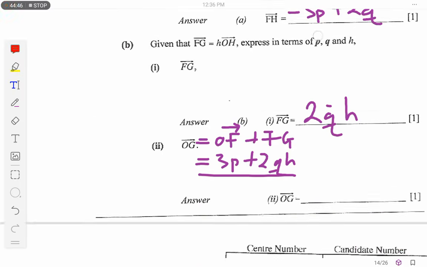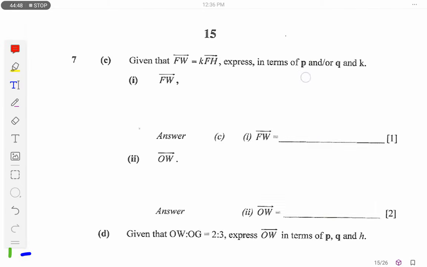Now let's have another question. They are now saying FW is equal to K FH. We've calculated FH before, so we are simply going to multiply that value by our K. So our FH was equal to minus 3P plus 2Q.